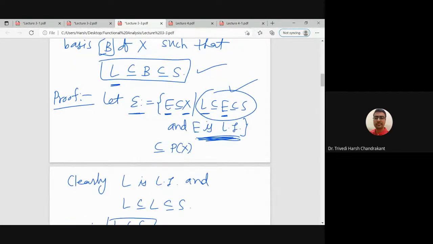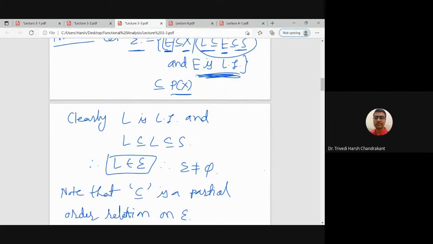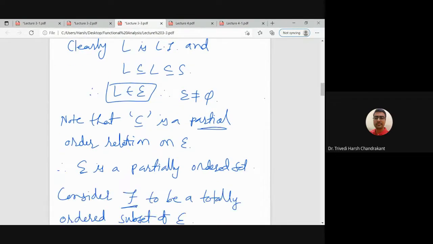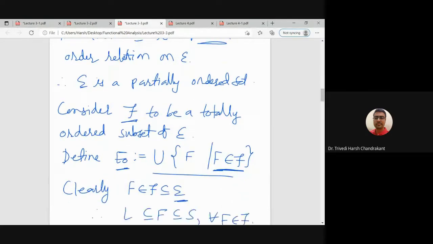To prove that, first of all, we need a partial order relation. So we consider the collection of all sets which lie in between L and S, call it E. It is a subset of the power set of X. We can define the partial order relation subset on this family, which is a family in which the elements are sets.